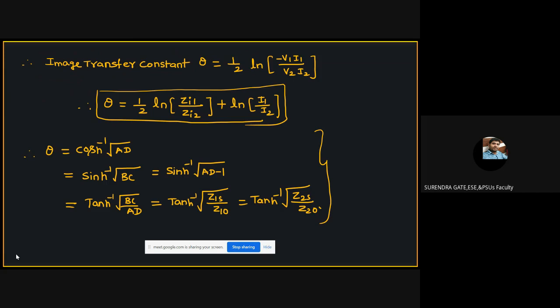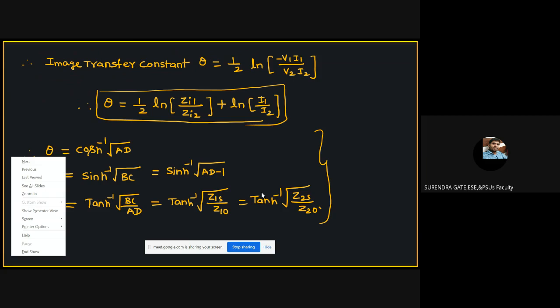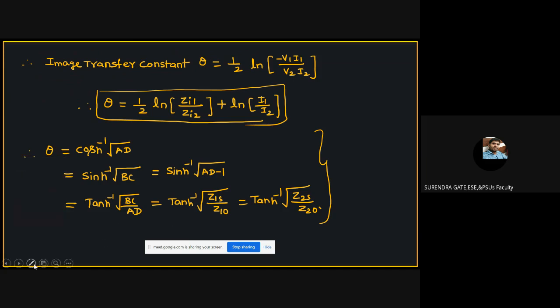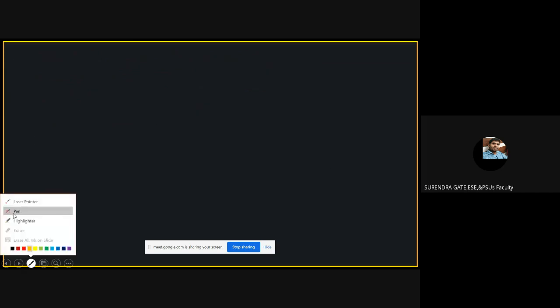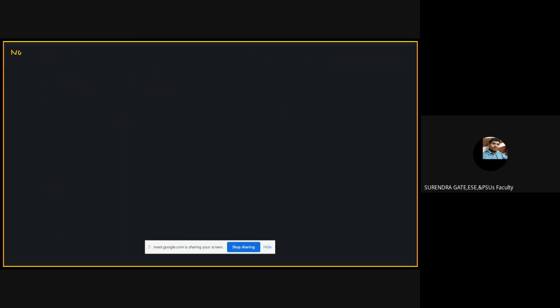Yes, students, any doubt up to now? Clear. All these points you concentrate on, and with this knowledge, I am giving some note points. Actually, for this case, I already gave the ABCD parameters.